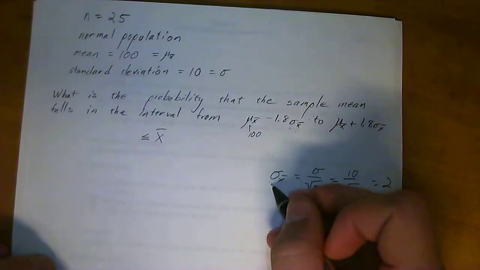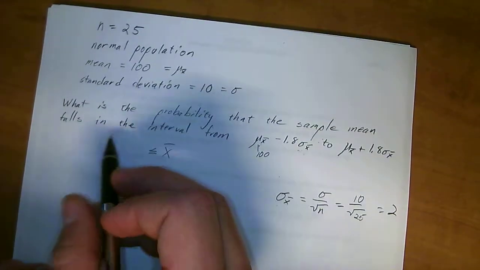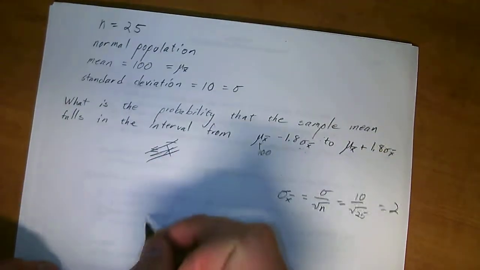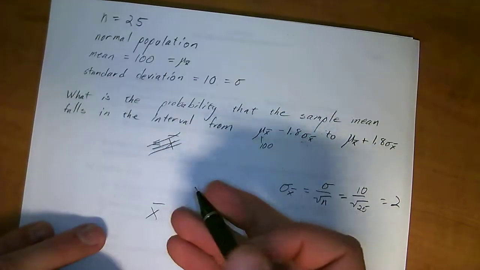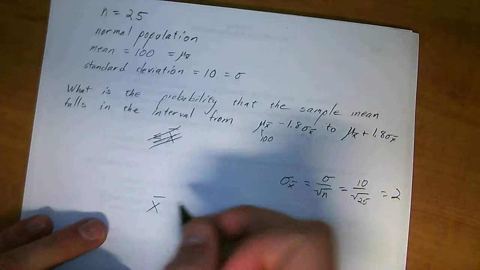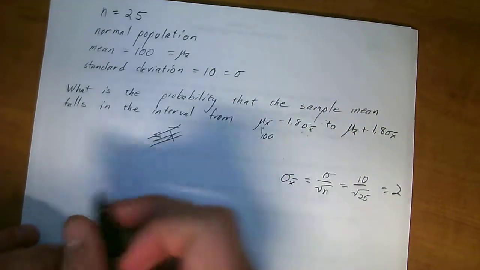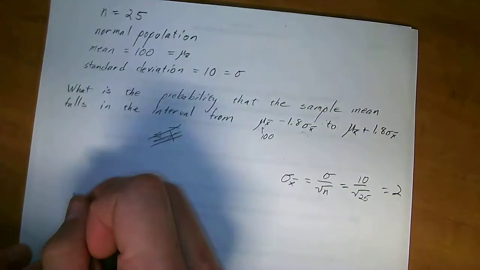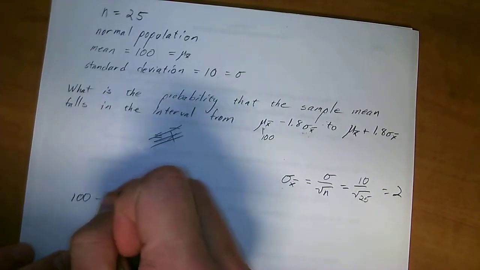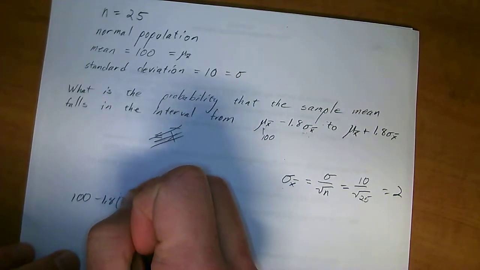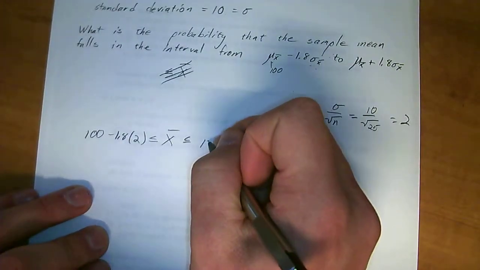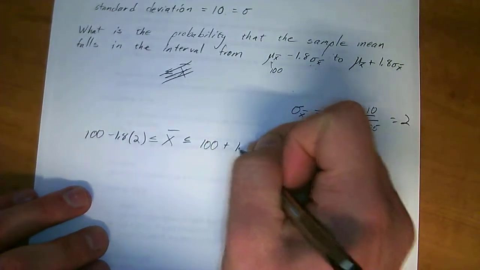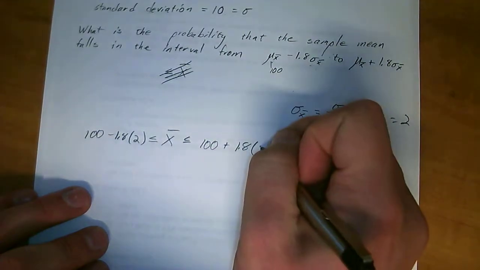Alrighty then. So now we have sigma x bar. We can just plug this in. I'm going to get rid of that and go x bar, our sample mean, is greater than or equal to mu of x, 100 minus 1.8 times 2, less than or equal to 100 plus 1.8 times 2.